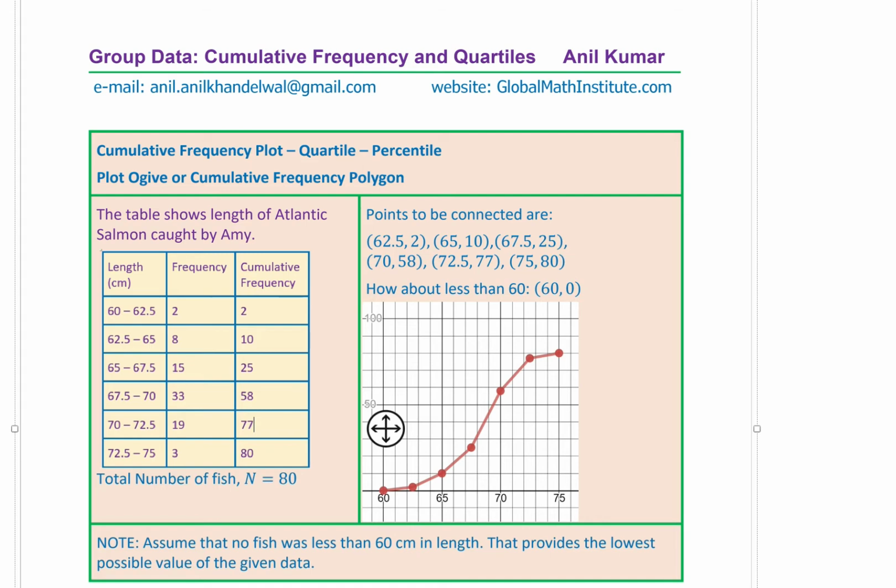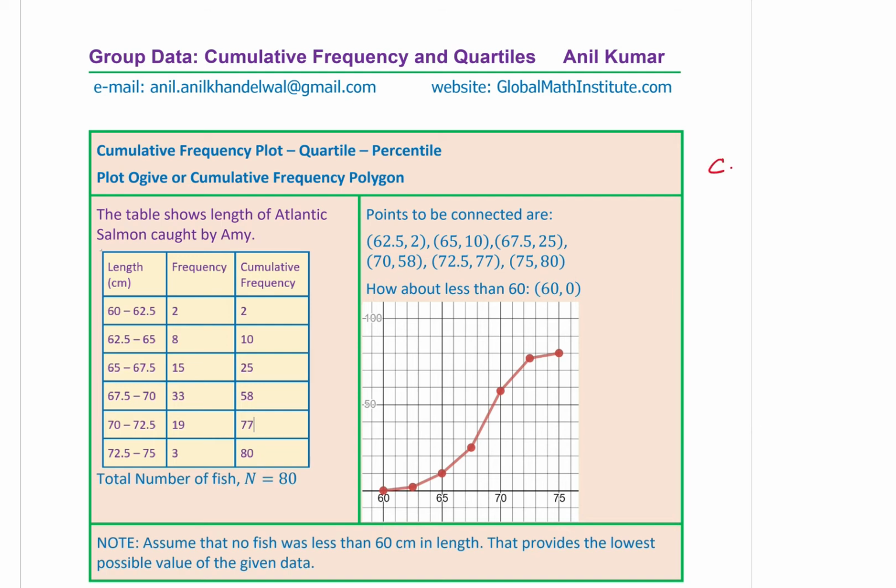Once again, the table provides us with the data. We have the interval 60 to 62.5, meaning an interval over a length of 2.5, and within this interval we have two fish. Let's see how we find the cumulative frequency. Cumulative frequency is the running total, right?